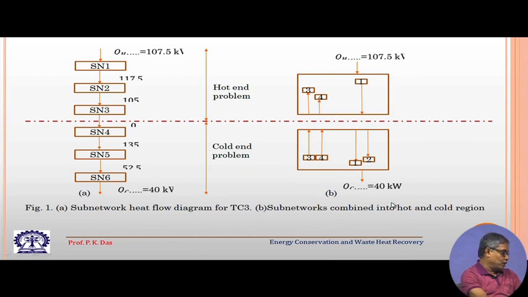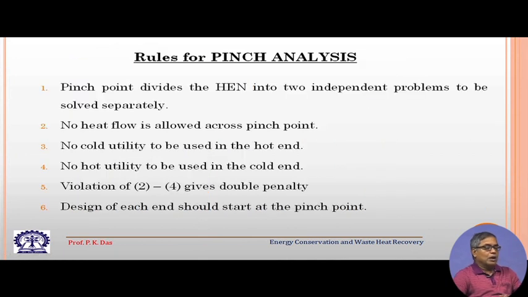So, hot end and cold end we are getting from these subnetworks. With this, we now try to state certain rules. Whatever we have discussed: the pinch point divides the heat exchanger network into two independent problems to be solved separately.